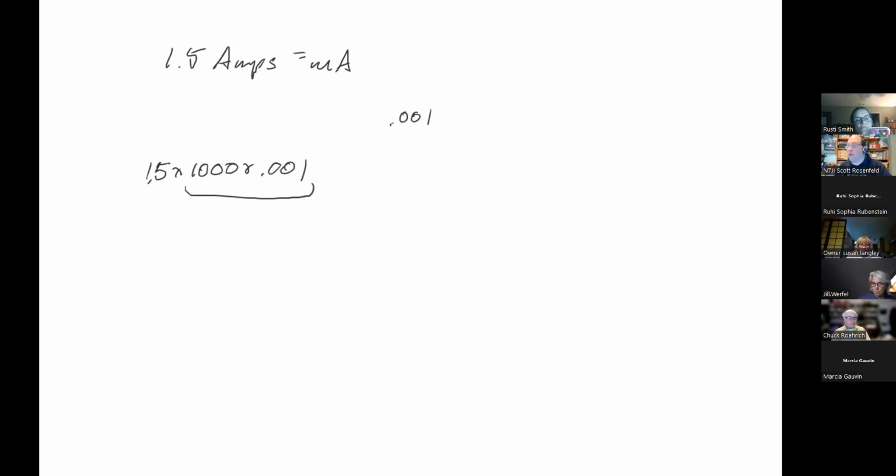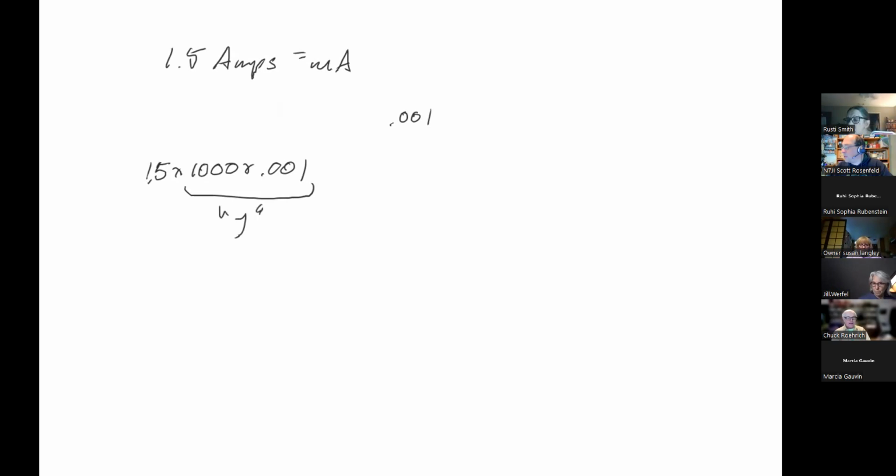So 1.5 amperes into milliamps. A milli is 0.001. So we can now say that this is 1.5. We can multiply this arbitrarily by 1,000 and by 0.001, realizing that that's just another way to write the number 1.